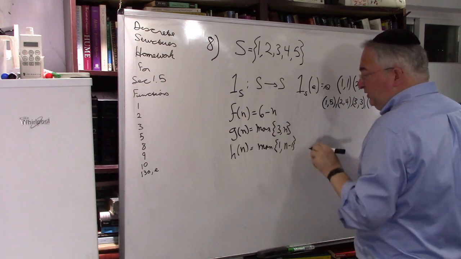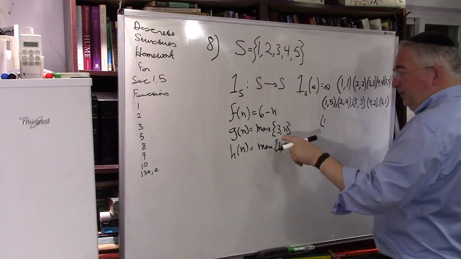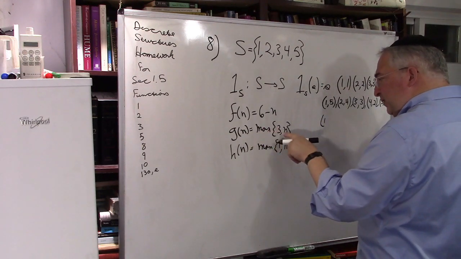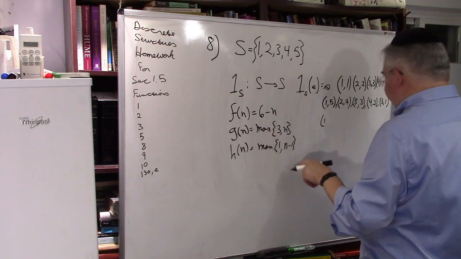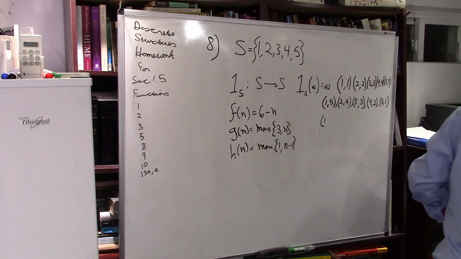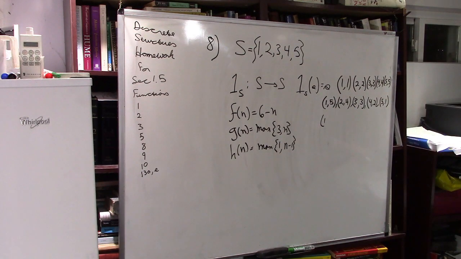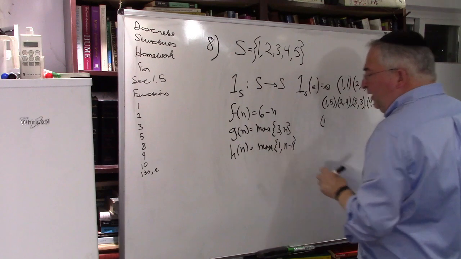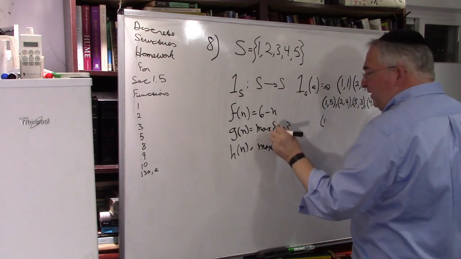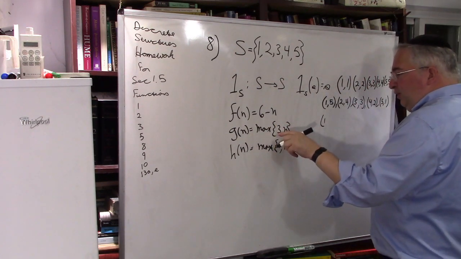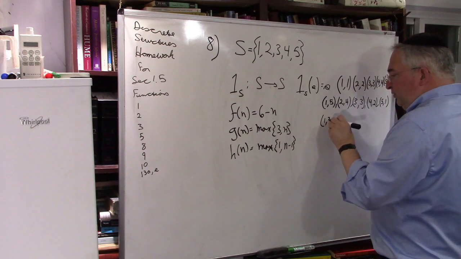Great, let's do this. If I input a 1, the max, hold on. This is max of 3, n. And this is min. Oh, I'm sorry, that's max of 1. So this is a max. Okay, so let's do this. This is also max. Ready? What's larger, 3 or 1? Answer 3.